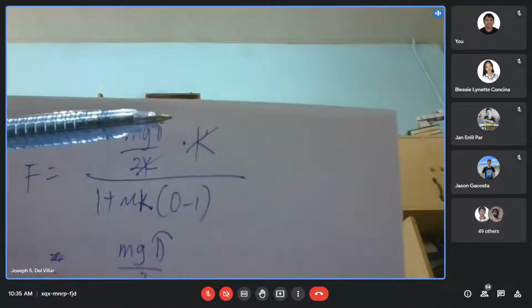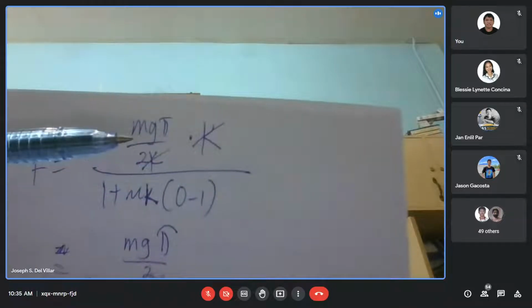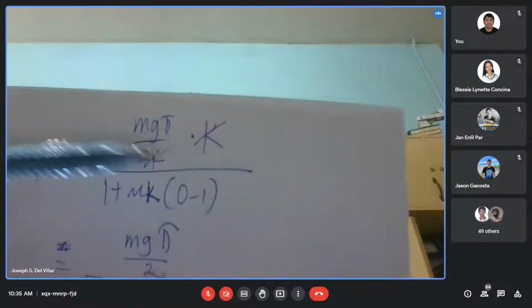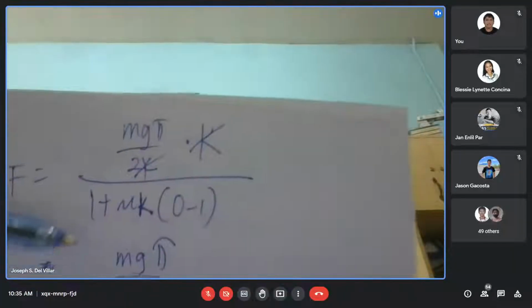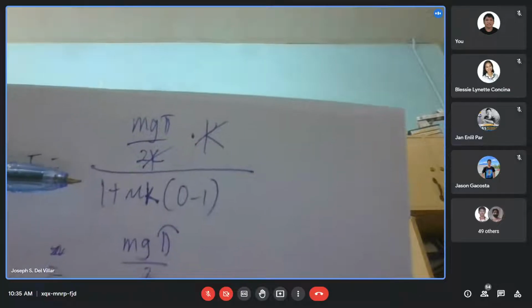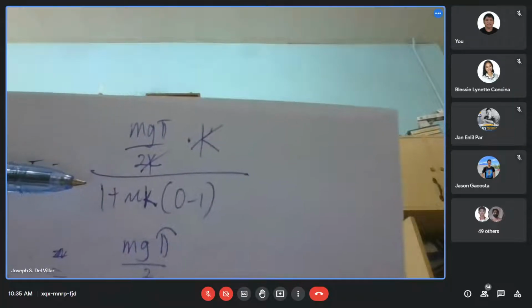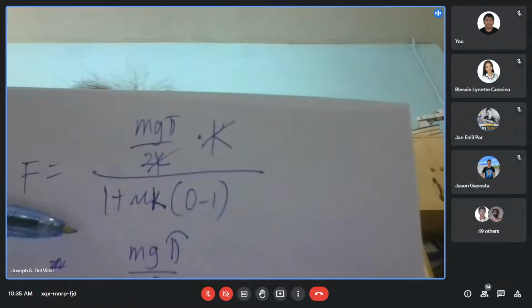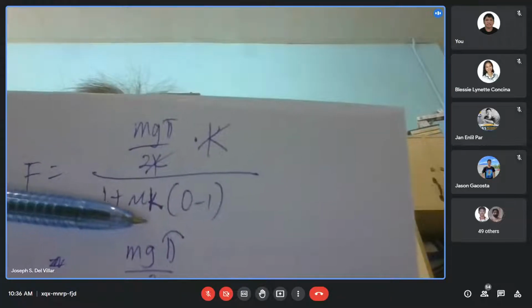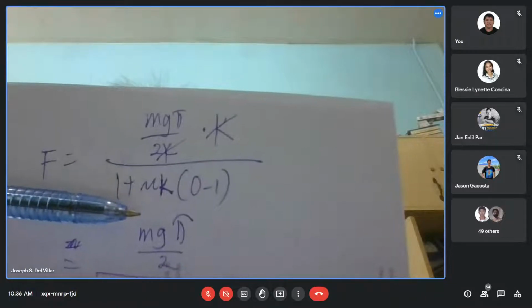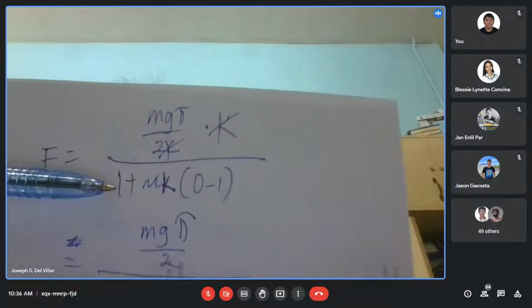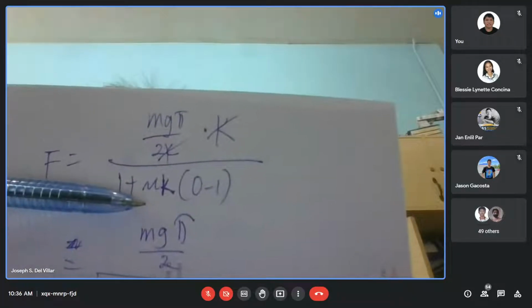The k will cancel, so it becomes mg pi over 2. Then, divided by 1 plus mu sub k times 0 minus 1. 0 minus 1 is negative 1, so it becomes 1 minus mu sub k.